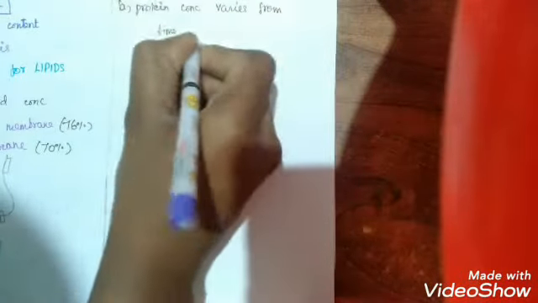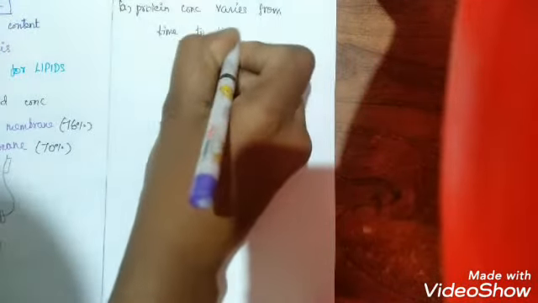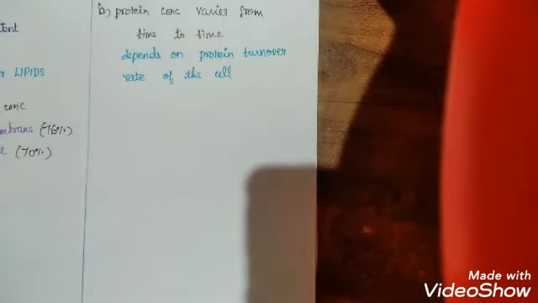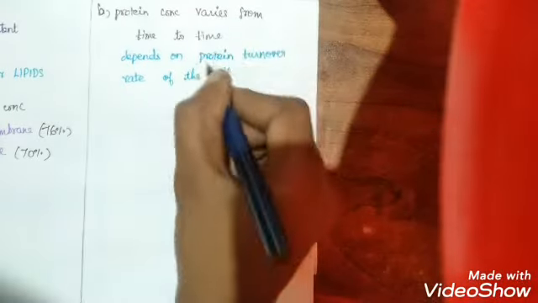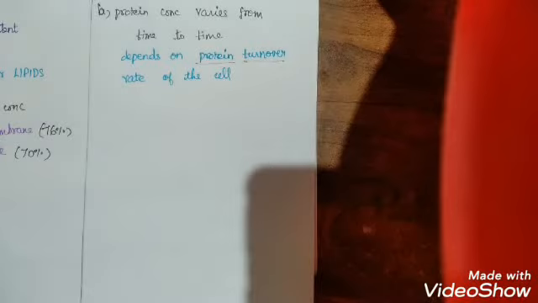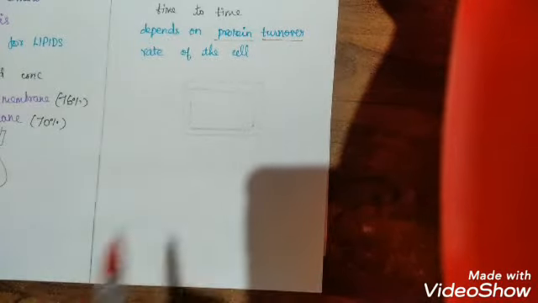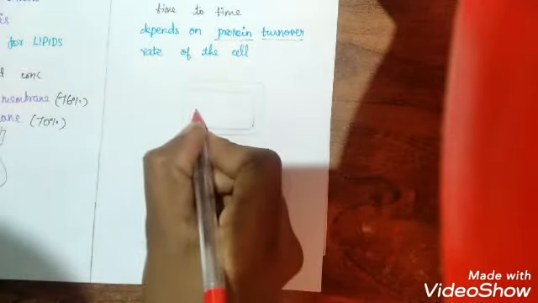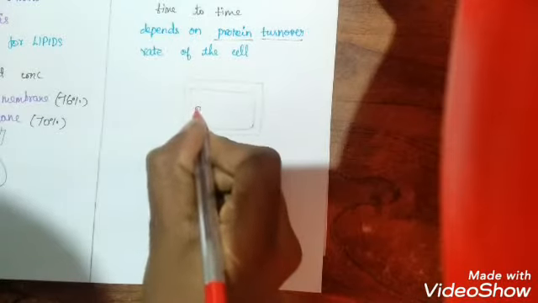Let's see the second point, that protein concentration varies from time to time. It depends on the protein turnover rate of the cell. So this is a typical cell and here is the membrane protein.